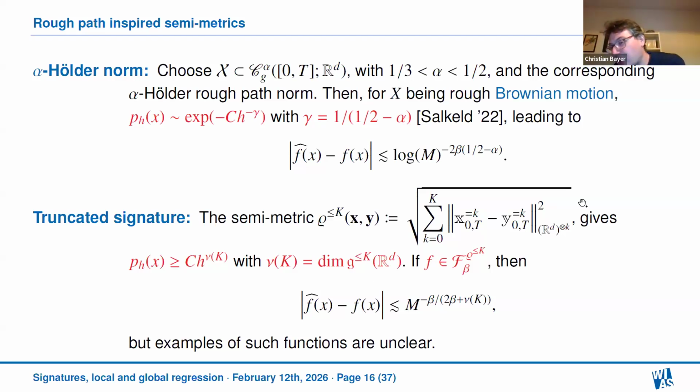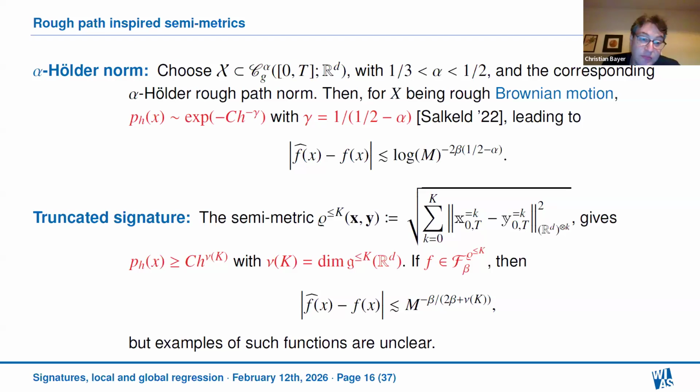You could also talk about, of course, the dimension of the space where the iterated integrals up to degree k live, but that is higher. So basically, if you want sharper estimates, you want to restrict yourself. The truncated signature lives in a subgroup of that space, and this gives you precisely the dimension of this subgroup as a submanifold.